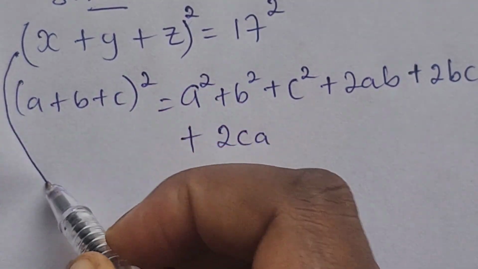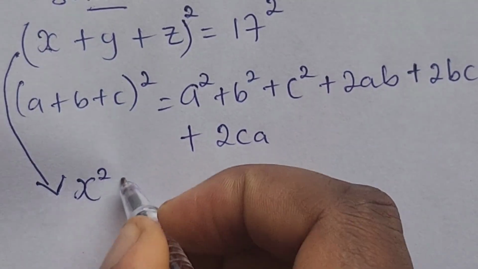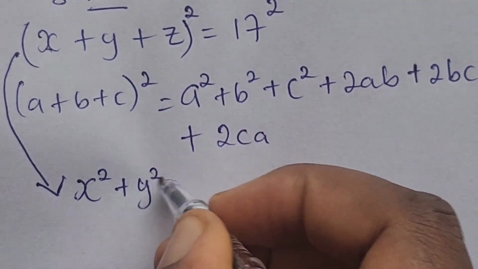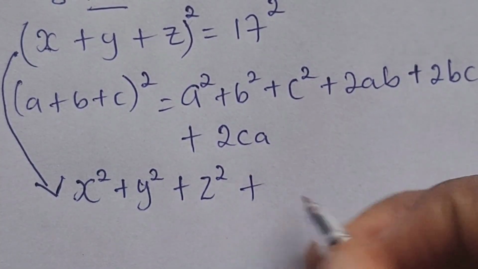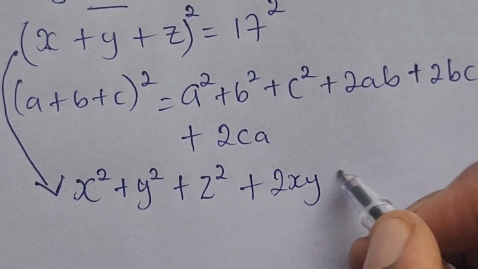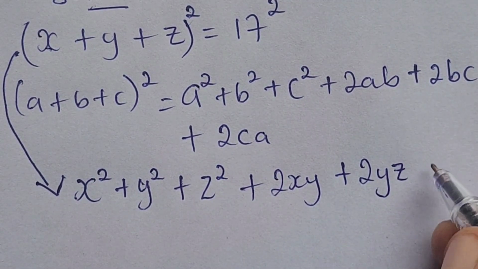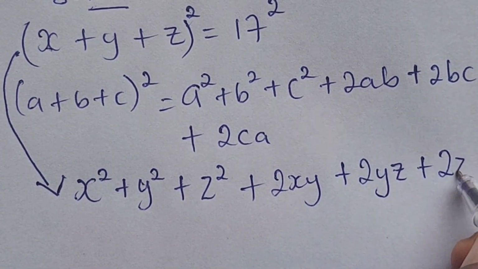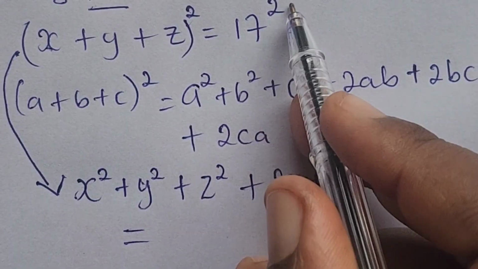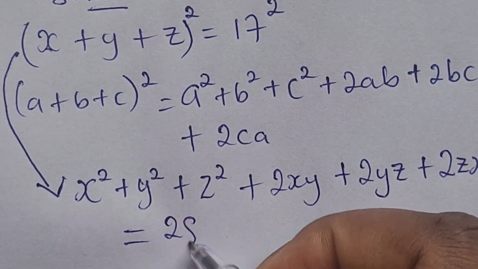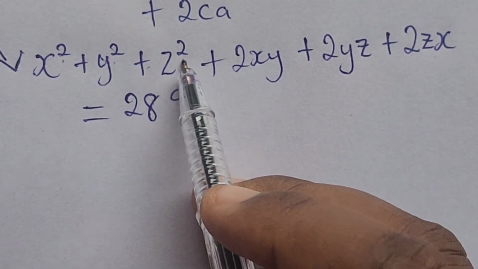So this equation will become x squared plus y squared plus z squared plus 2xy plus 2yz plus 2zx equal to 17 squared, which is 289.